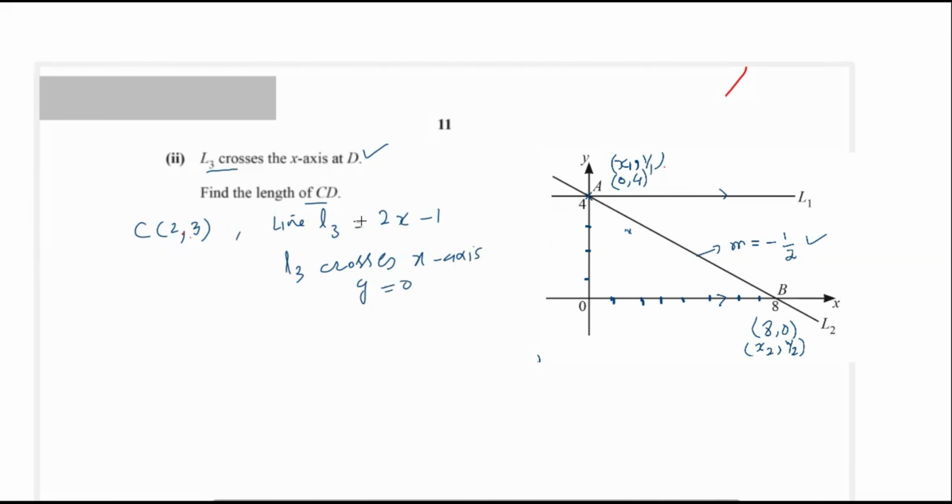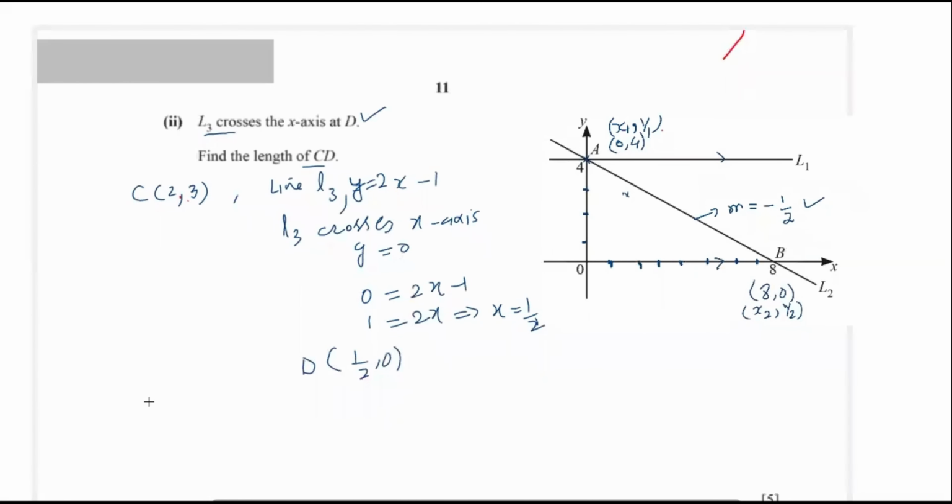Now, in the line y equals 2x minus 1, we put 0 equals 2x minus 1, so 2x equals 1 and x equals 1 over 2. Therefore, the coordinates of D will be (1/2, 0) and C is (2, 3). We find the length of CD using the distance formula.